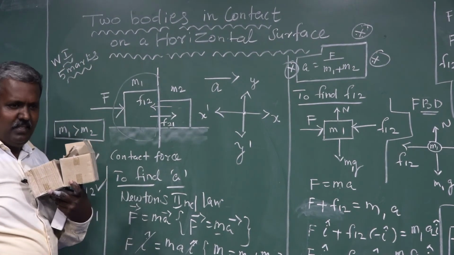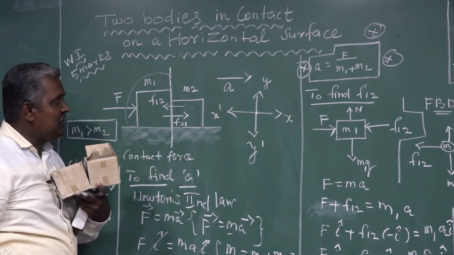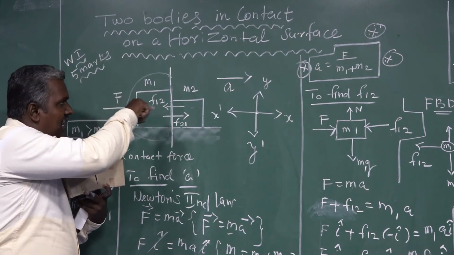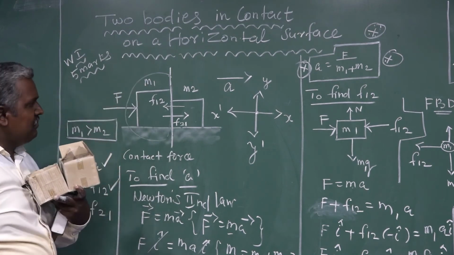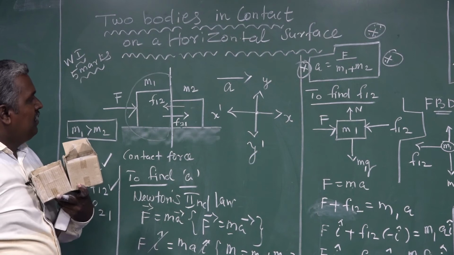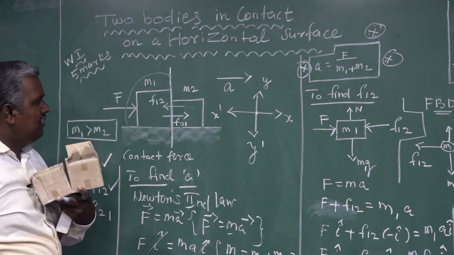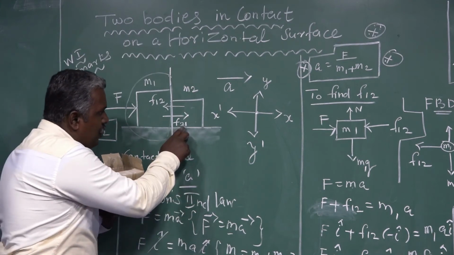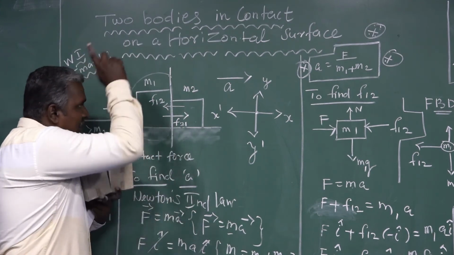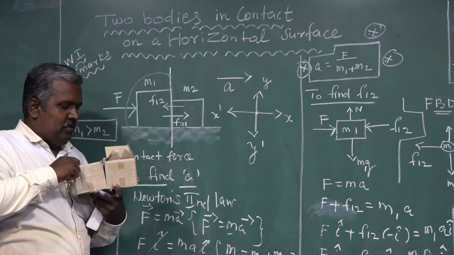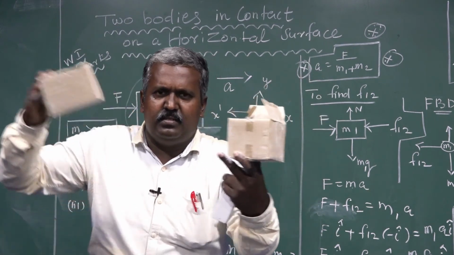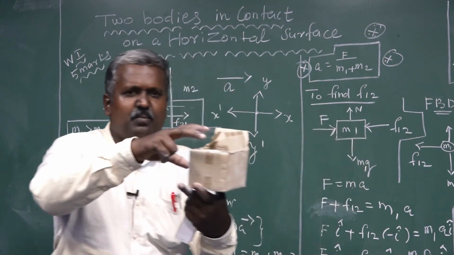Any doubt? Listen here, this is very important. On the system, the horizontal force F is acting. Now on M2, only F21 is acting, not capital F. So we consider only this block that is touching; this is M2.